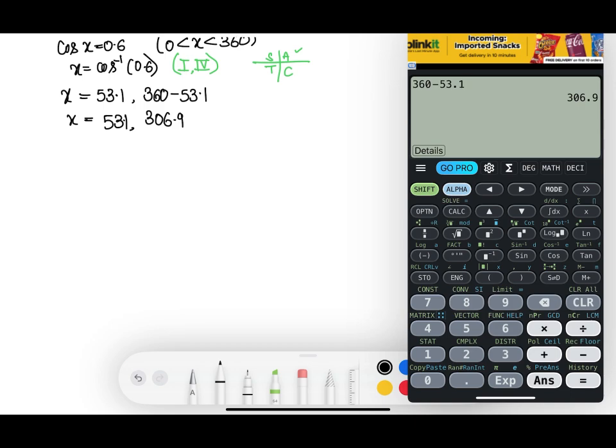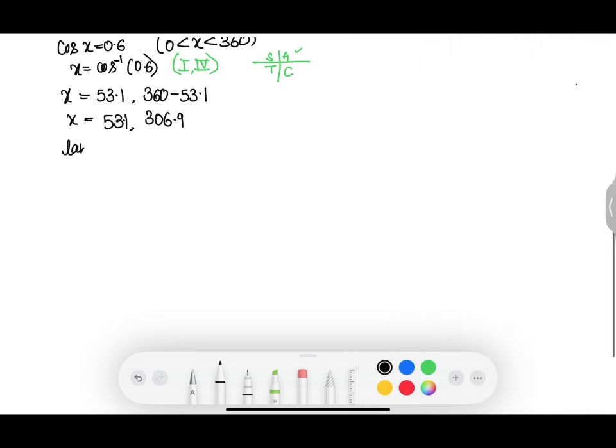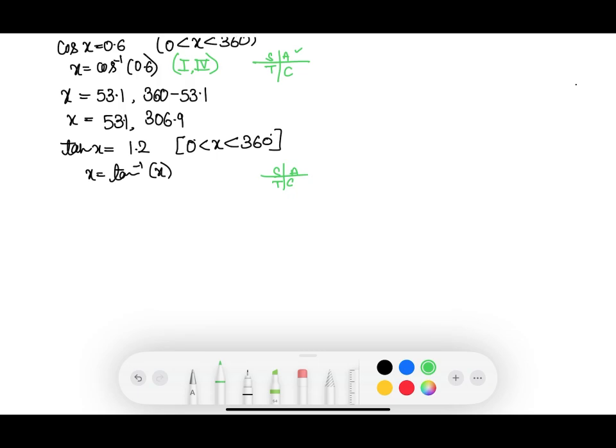Now let's do tan. So tan x is equal to 1.2, and the value of x is again between 0 to 360. We are supposed to find x, which is tan inverse 1.2. As I told you before, we'll do the CAST again. And by that, we can see tan is positive in the first and the third quadrant.